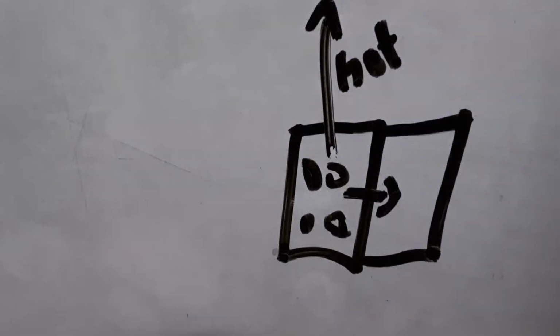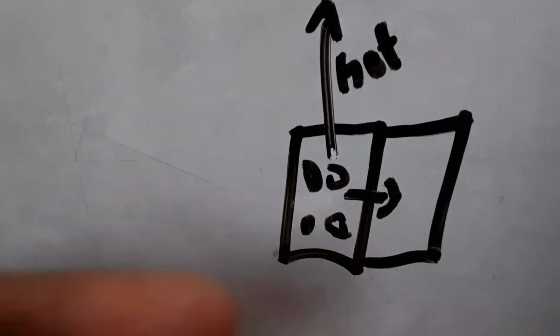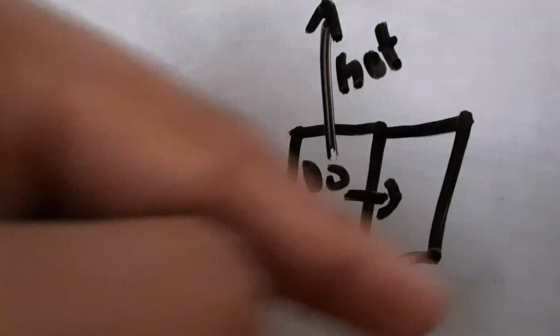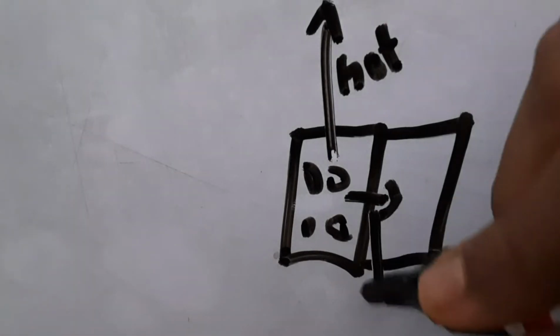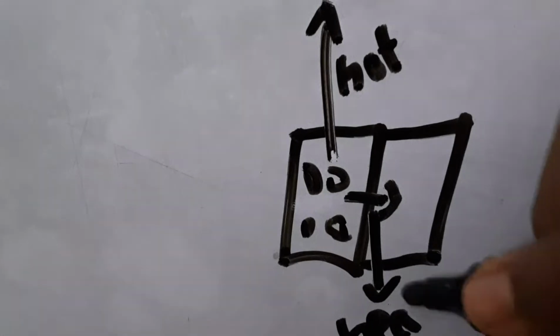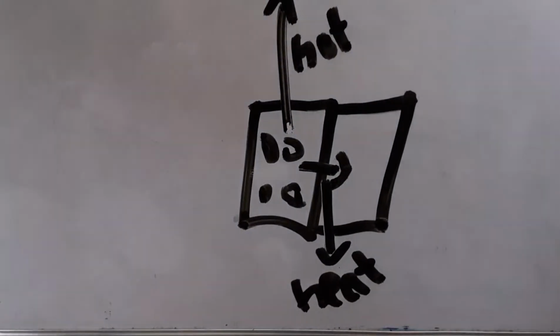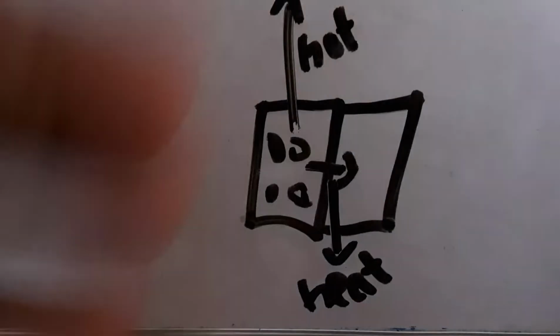Temperature is the degree of hotness or coolness, and when there is a transfer of kinetic energy from a hotter object to a cooler object, this is called heat. So heat is actually a transfer of kinetic energy from a hotter object to a cooler object.